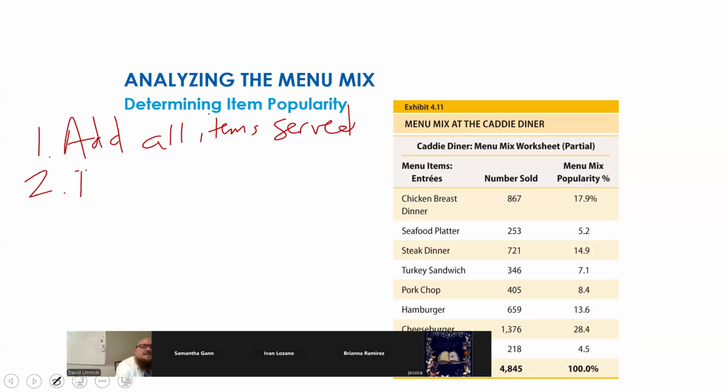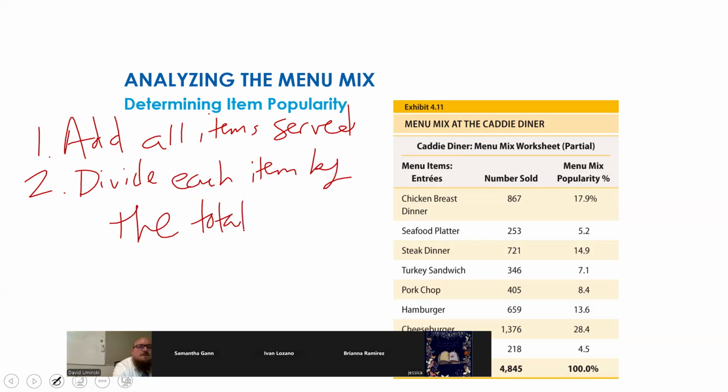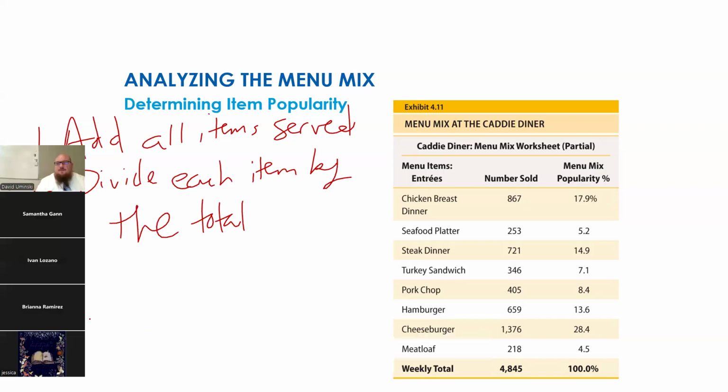The second step is to divide each item by the total. So let's take a look up here. If I add up all of the items that we served for this entire week, I would get 4,845.